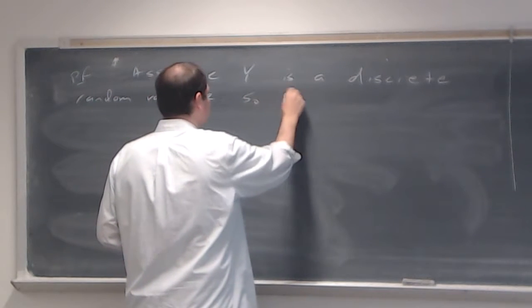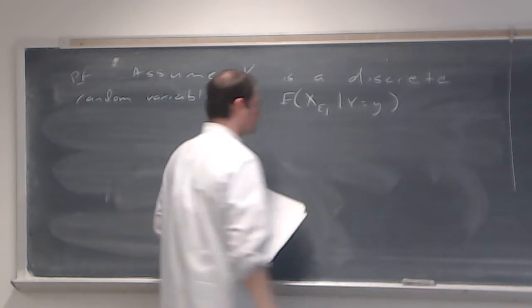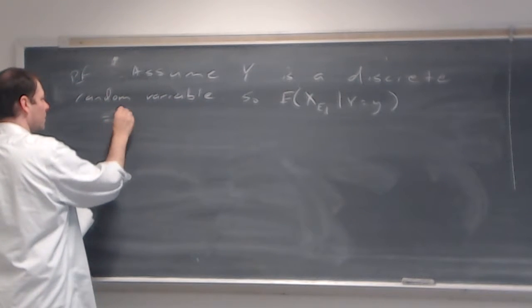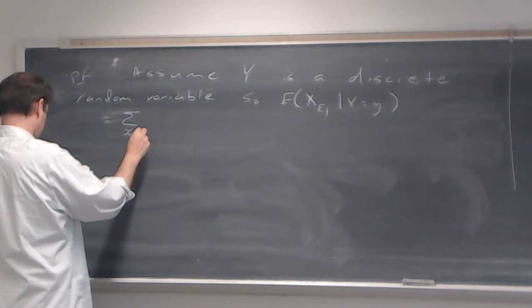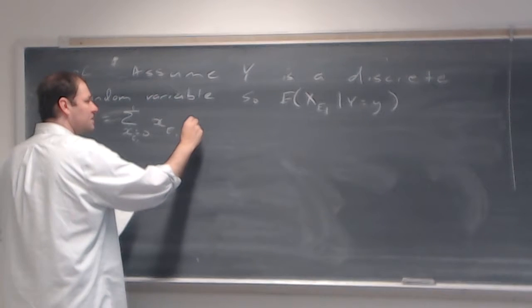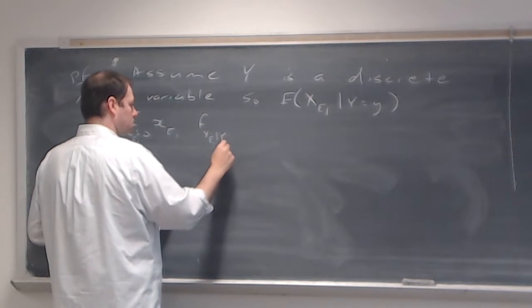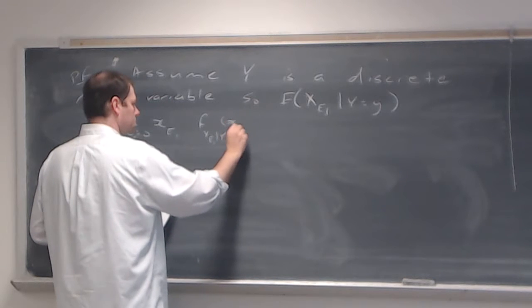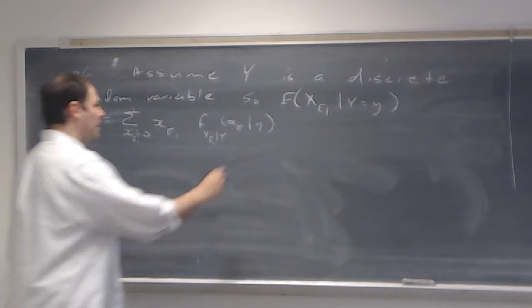So the expected value of X of E sub 1 given Y equal to y is equal to the sum over all x's, X of E sub 1, which runs from 0 to 1, of x times the conditional PMF.